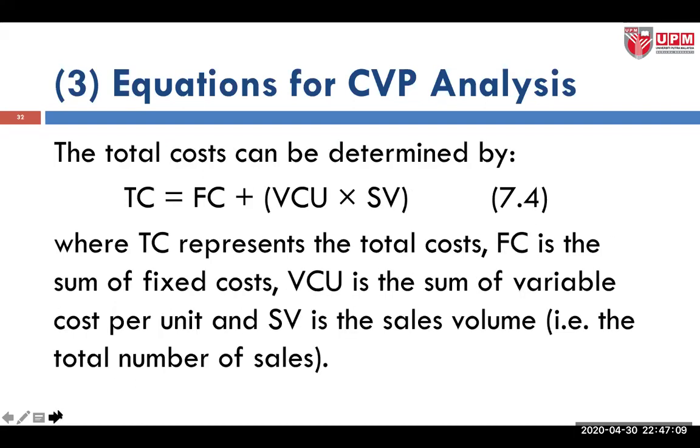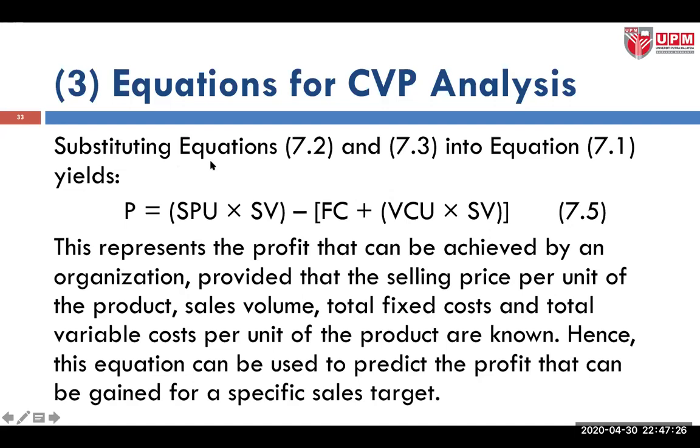The total cost can now be determined by the fixed cost plus the variable cost per unit times the sales volume. When you substitute equations 2 and 3 into equation 1, you will get equation 5, which represents the profit that can be achieved by an organization, provided that the selling price per unit of the product, the sales volume, the total fixed cost, and the variable cost per unit of the product are known.